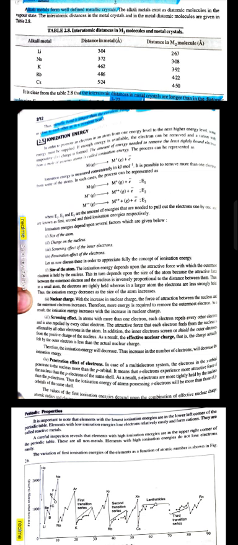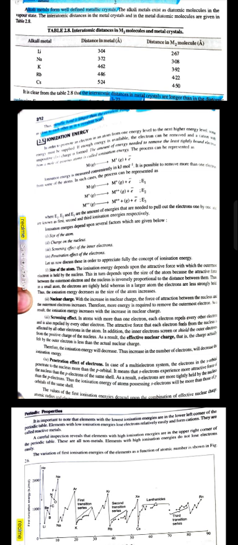Screening effect. In atoms with more than one electron, each electron repels every other electron and is also repelled by every other electron. The attractive force that each electron feels from the nucleus is affected by all other electrons in the atom. In addition, the inner electrons screen or shield the outer electrons from the positive charge of the nucleus.